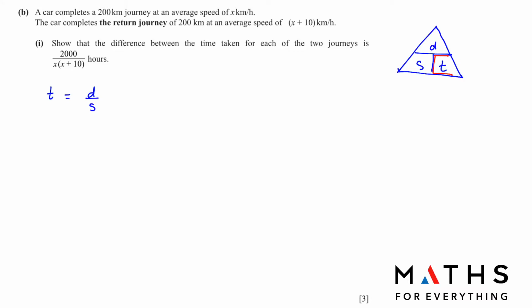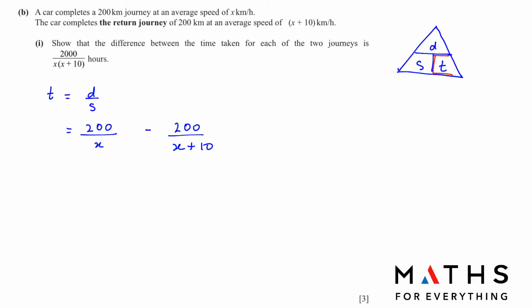And when it was going, the time was, distance is 200 and speed was x. On the return journey, it was 200 over x plus 10. They want us to find the difference. That's why we are doing this.